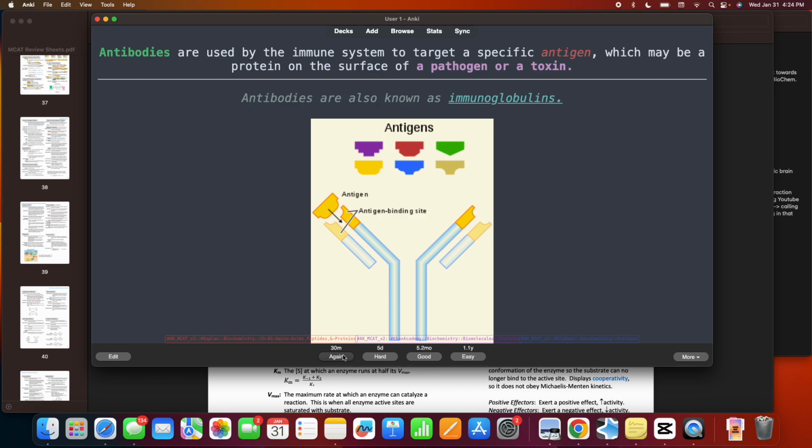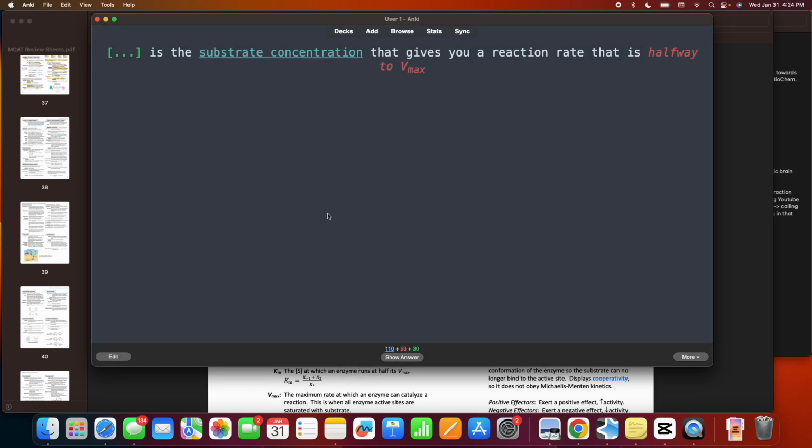What is the substrate concentration that gives you a reaction rate that is halfway to Vmax? It should be Km.